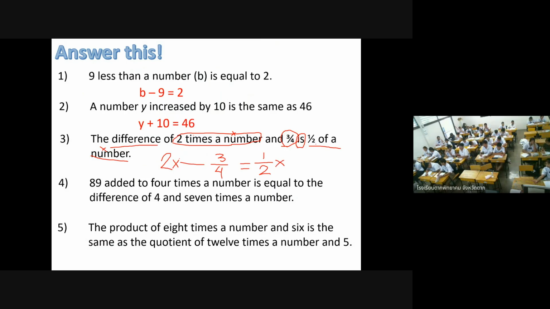So this will be your answer. Of is in your vocabulary, of means multiply, 1/2 times x is 1/2 x.